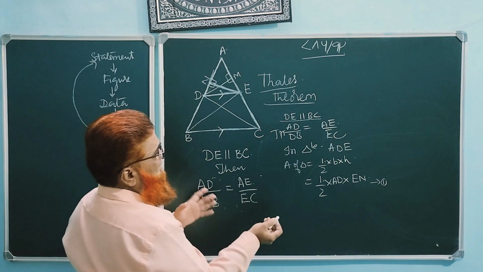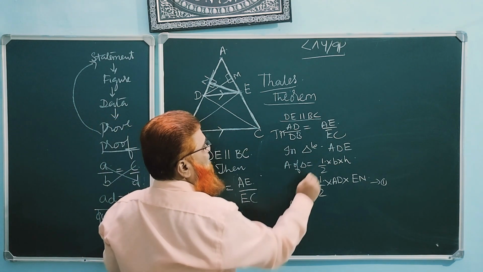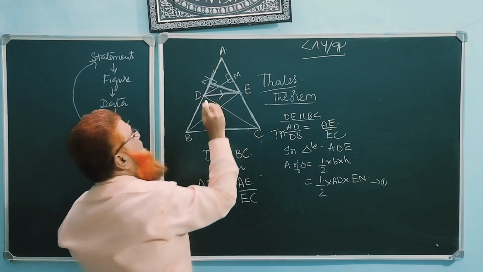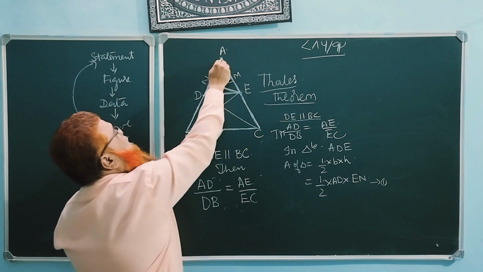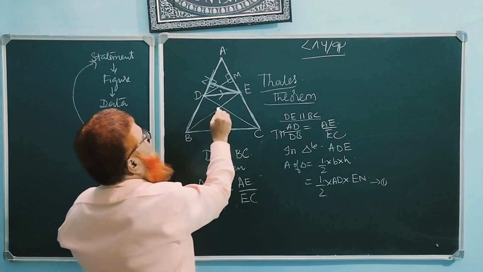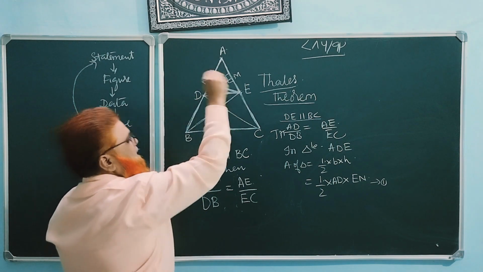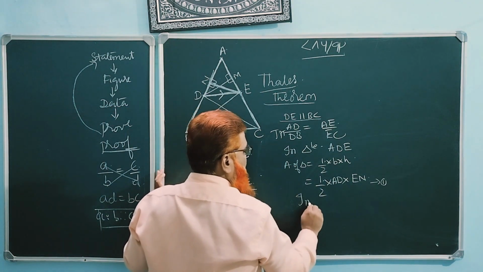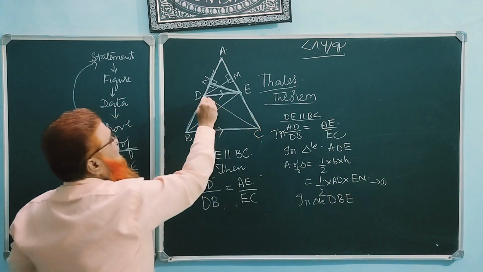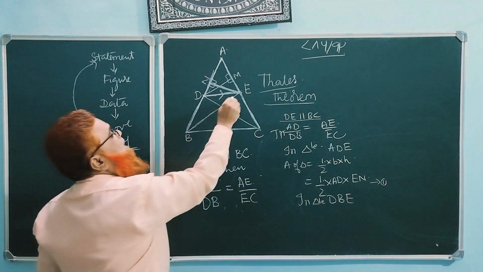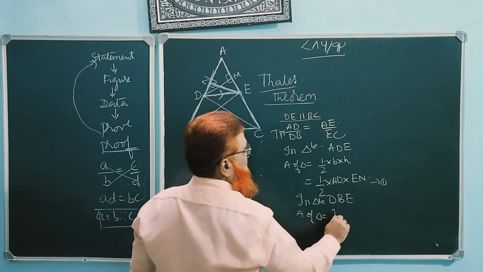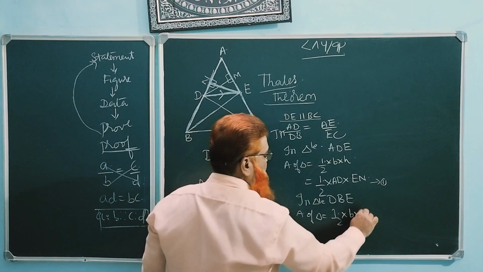Coming to the other part, area of the triangle. Now I have taken ADE. I told you AD is produced to DB, and DB is also going to form another triangle, that is DBE. So in triangle DBE, area of triangle is equal to half into base into height.